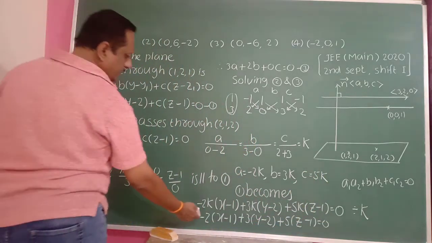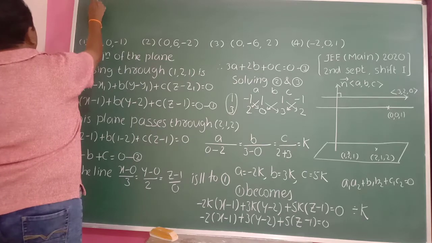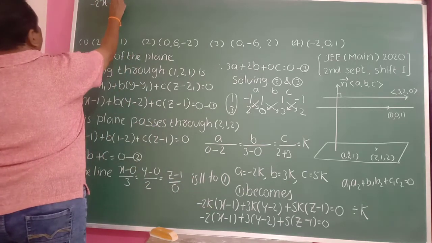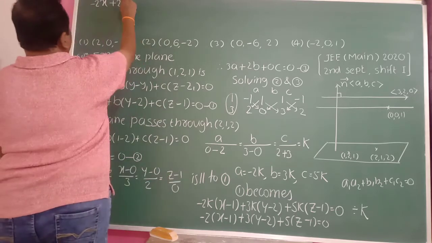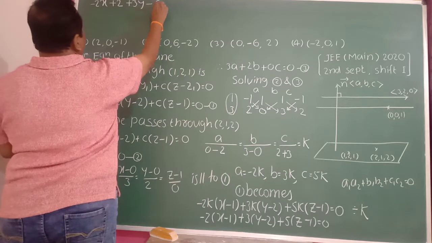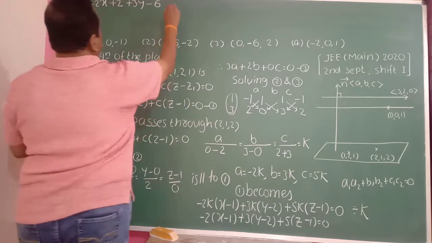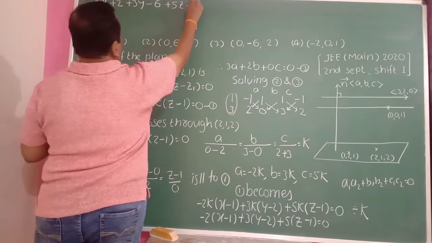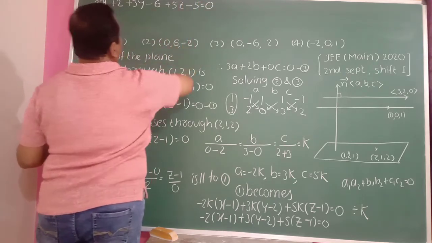Taking minus 2 inside: minus 2x, minus 2 into minus 1 becomes plus 2, then 3 into y becomes 3y, 3 twos are 6 so minus 6, 5 into z becomes 5z, then 5 ones are 5, minus 5, is equal to 0.